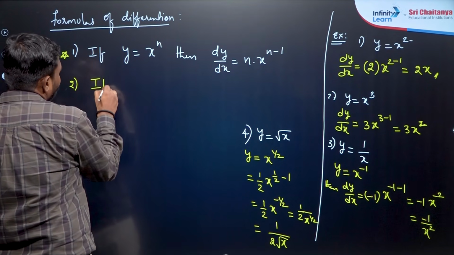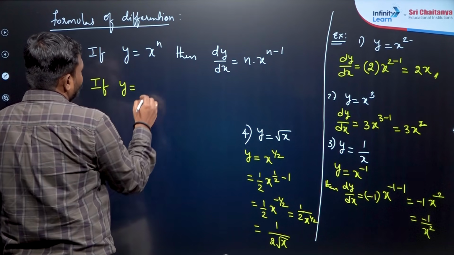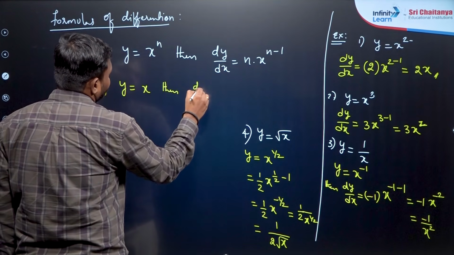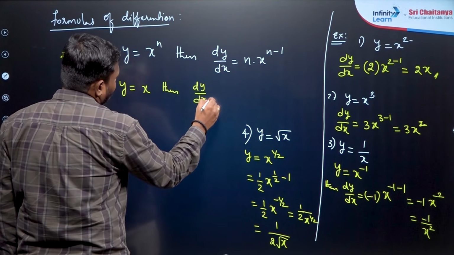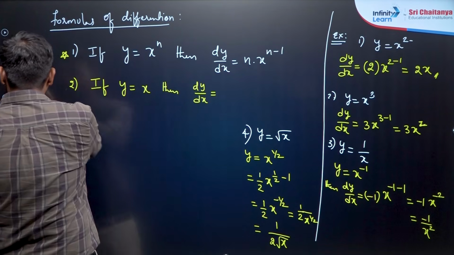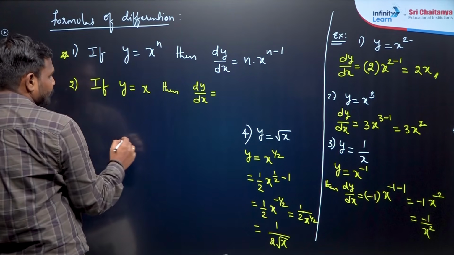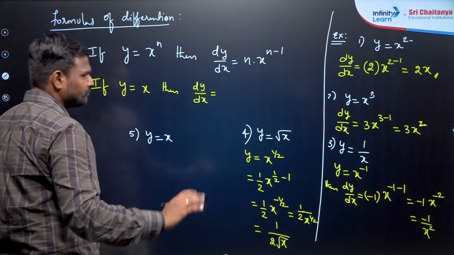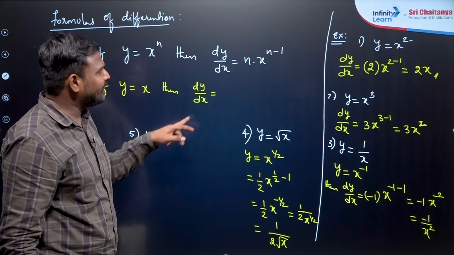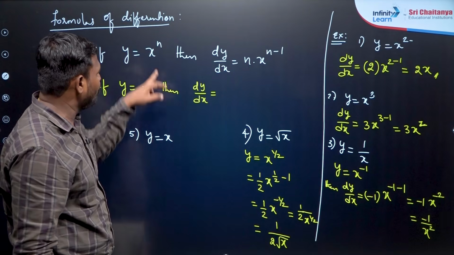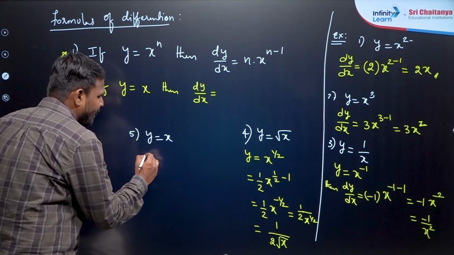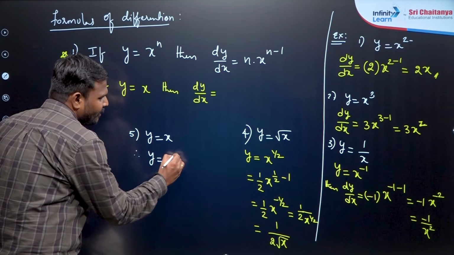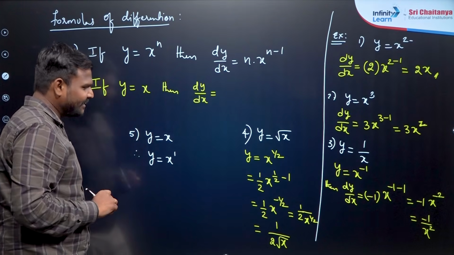If y is equal to x, so what is happening now? Please see, sir. y is equal to x. So if nothing is there in the power, how much is the value of n here, sir? What is the value of n? 1. Correct?